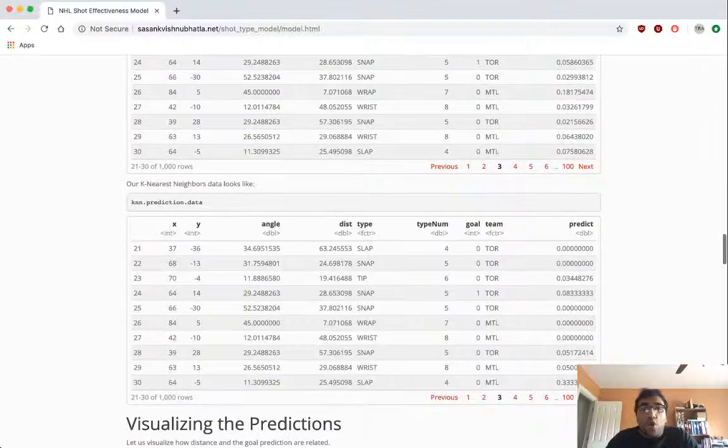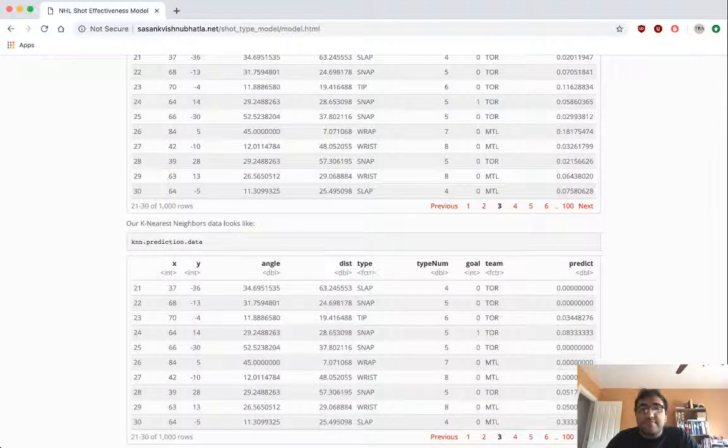Our neural network model said it had a 5.86% chance. So we see here that, because we're only looking at 2 data points for both, a small sample size, the models may show some differences. That's important to note because the models are meant to be different. A neural network is meant to be kind of like our brain. A K nearest neighbors is kind of looking off of the neighbors and seeing similarities between shots.